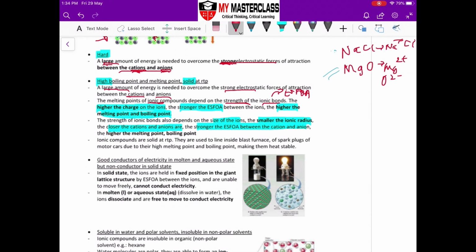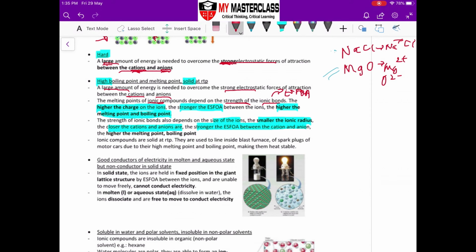But if your magnets are far apart from each other, like a bigger size, in this case relating to the ionic radius, then the attraction becomes weaker. Weaker attraction will lead to lower melting point and boiling point. In other words, the smaller the ionic radius, the stronger the ESFOA, the higher the melting point and boiling point.